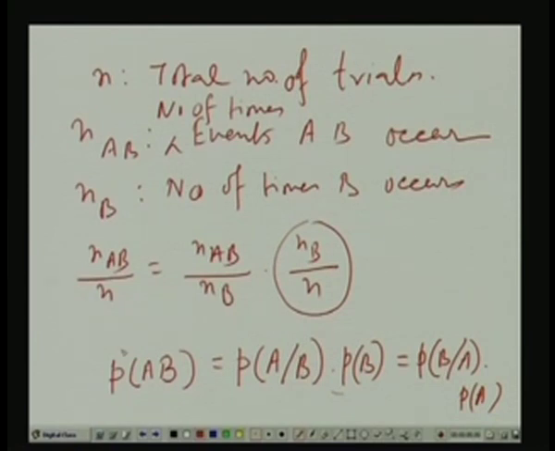Under that condition, how many times do we get A? N A B times. So, under the condition that B is fixed, what is the probability of A B occurring? That is a conditional probability P A by B. By the same logic, you can have P B by A into P A. Okay, that you have seen.